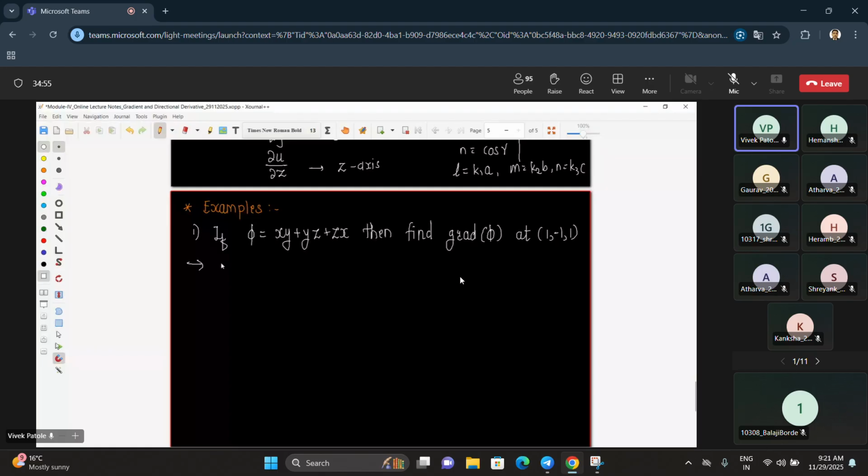Now, grad phi means the gradient of phi, which is denoted as del phi. We know the del operator is ∂/∂x i cap plus ∂/∂y j cap plus ∂/∂z k cap, acting on phi.